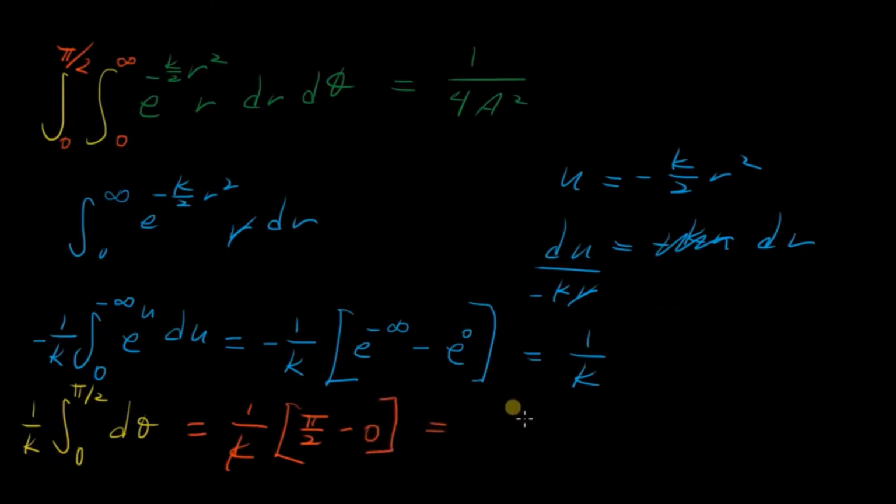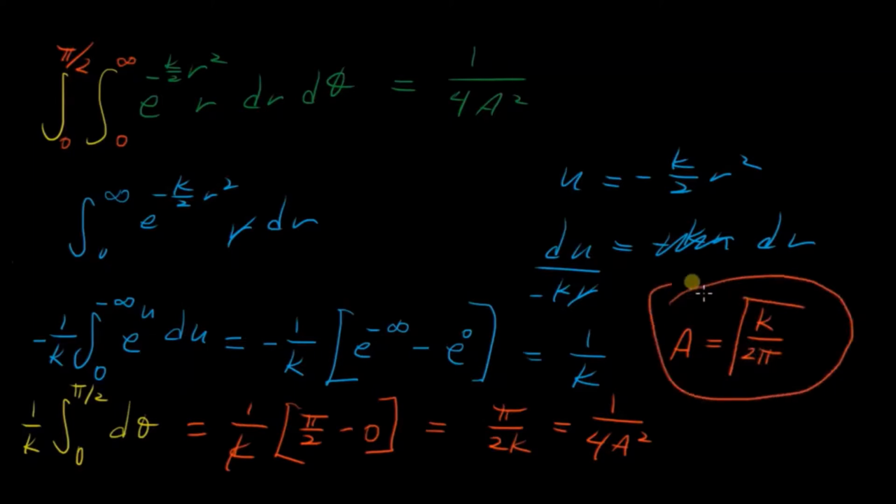So this is going to be equal to pi over 2k, which we know is equal to this. And if we solve for a, we're going to get a is equal to this, and this was what we wanted.